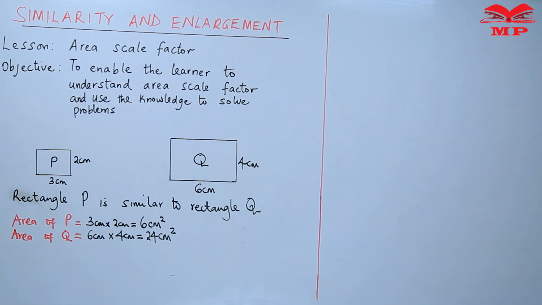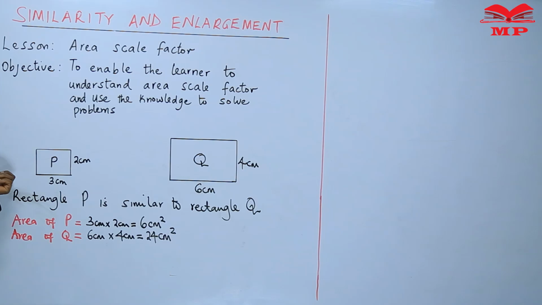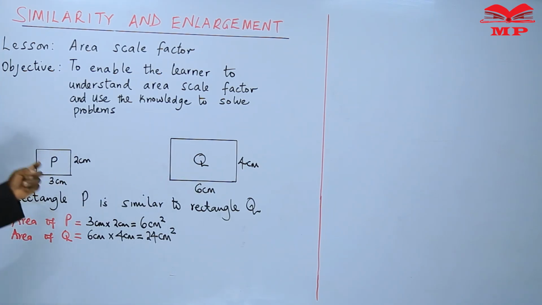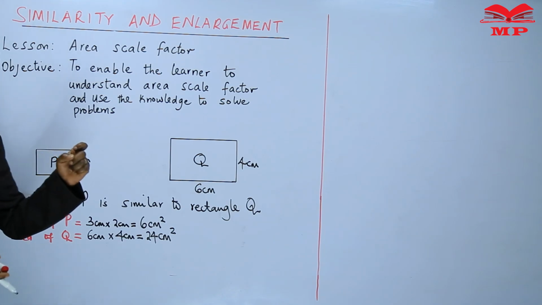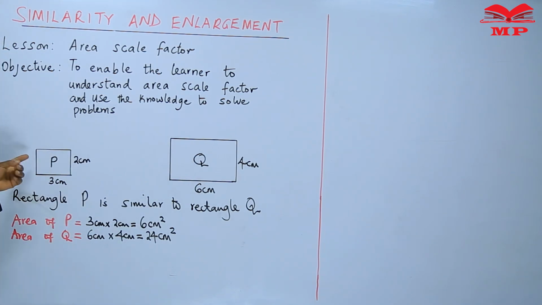When we are talking about similarity and scale factor, we are either making the shape small or making it big. When the scale factor is more than 1, it is making it big. When the scale factor is less than 1, it will be smaller.